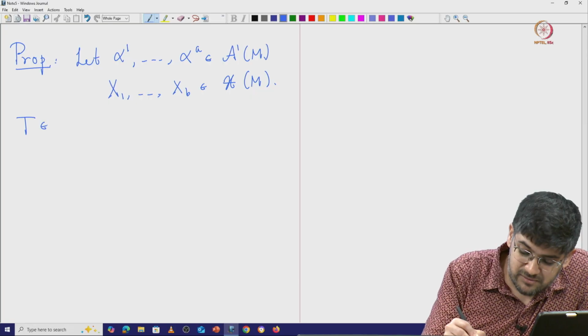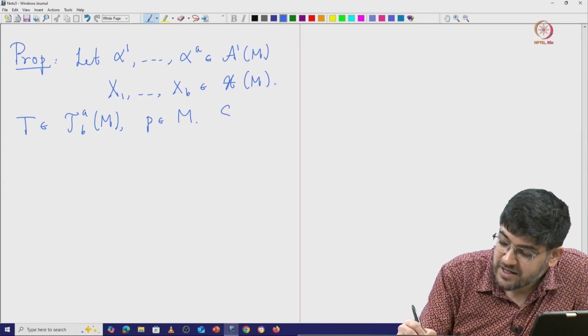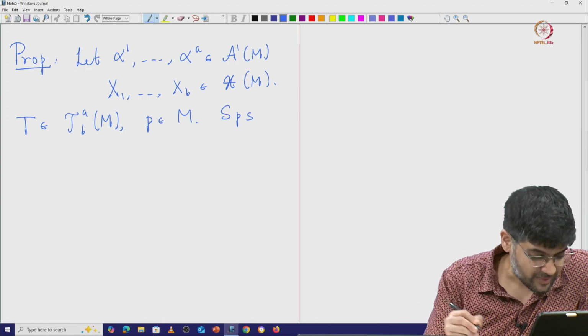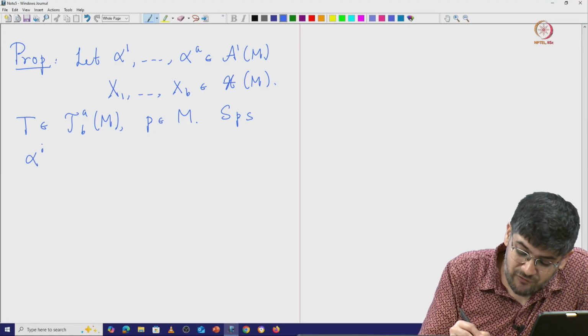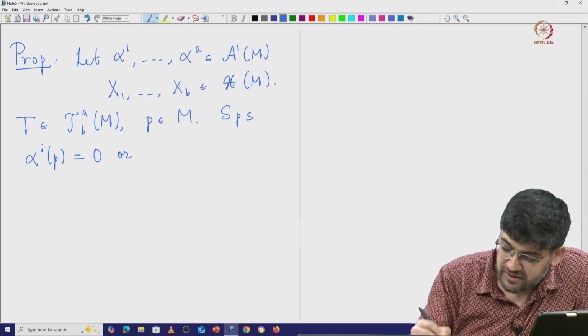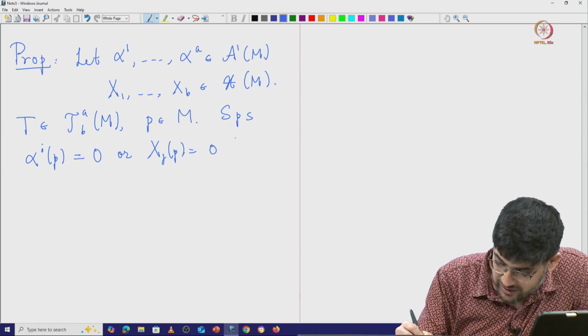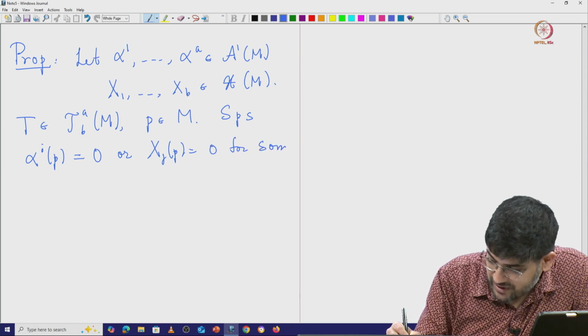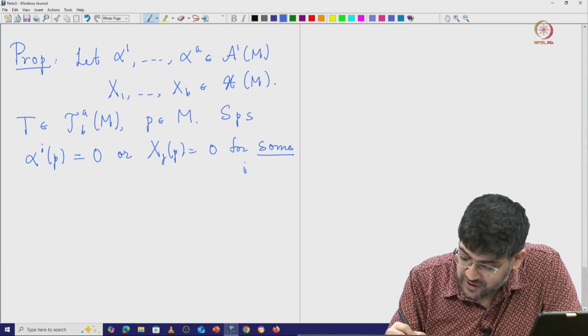Suppose you take a tensor of type (A, B) and let P be some point in M. Suppose alpha^i at P is 0 or x_j of P is 0 for some i or j; you don't need it for all i and j, just for some.